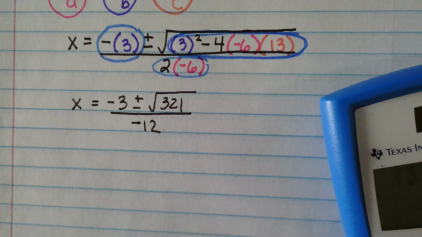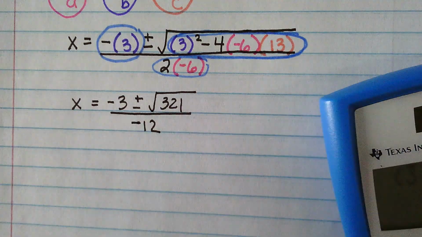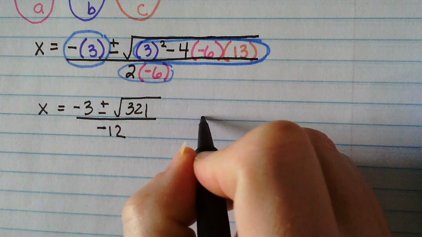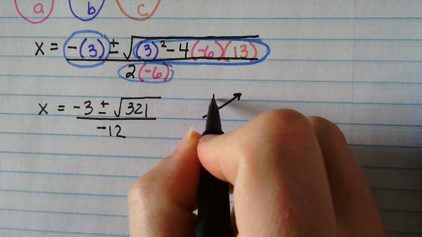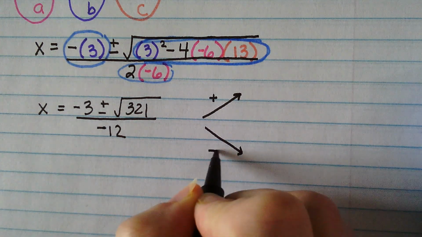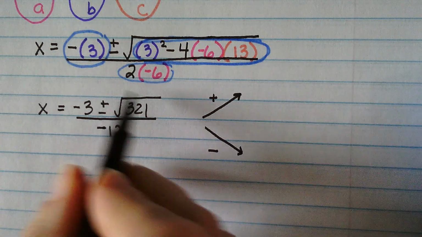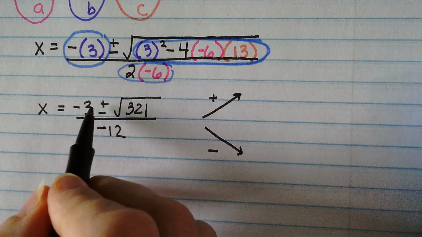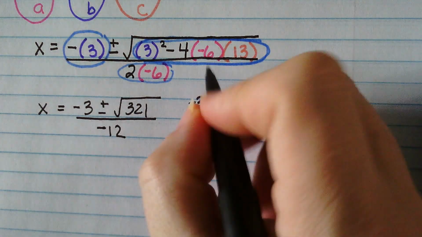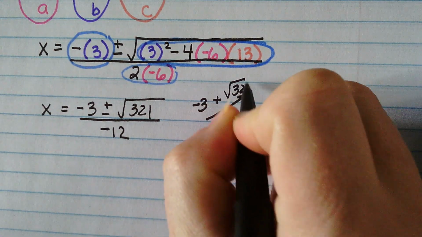From here, all you have to do is split it into 2 parts. We're going to have the part where we do the plus sign, and then the part where we do the minus sign. So in this problem, x is equal to -3 plus the square root of 321.